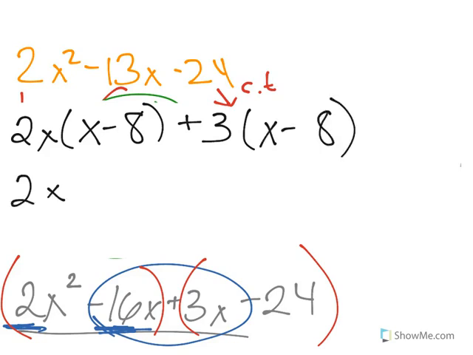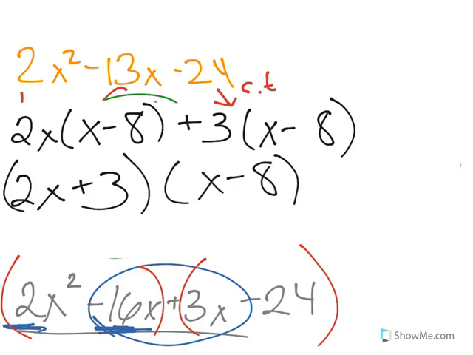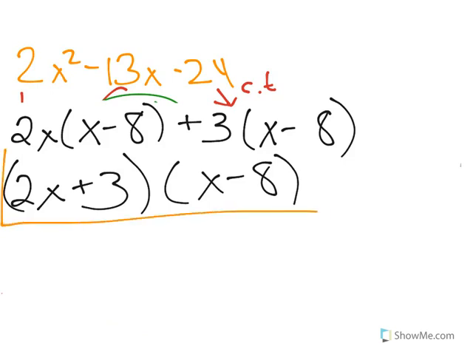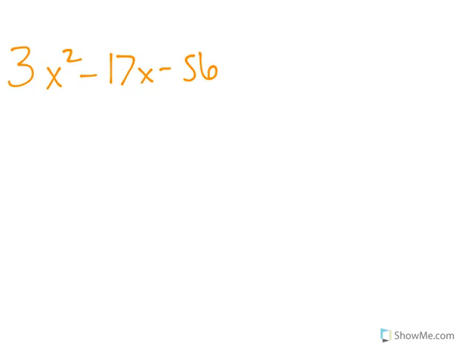We combine the 2x and the 3, and we are left with (2x plus 3) times (x minus 8). And we have successfully factored our numerator. Now let's do the same procedure for the denominator.